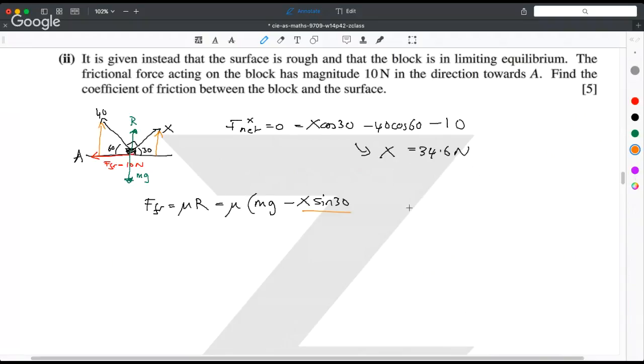And there's another guy also helping to lighten the load, and that's 40 sine of 60. And this is equal to the friction force, which is equal to 10. And if you solve, we know mg, we know x sine 30, we know 40 sine of 60. And so that gives us that mu is equal to 0.102.